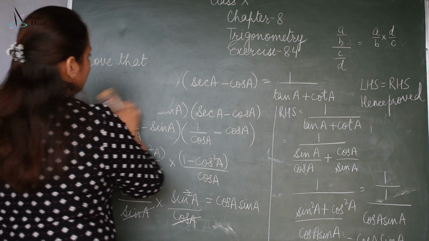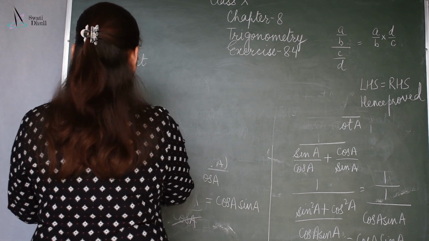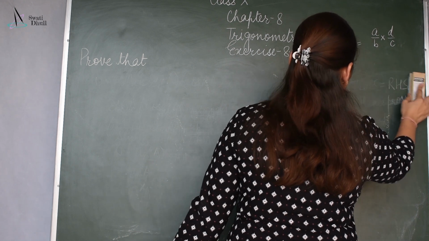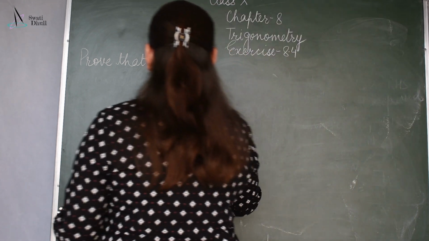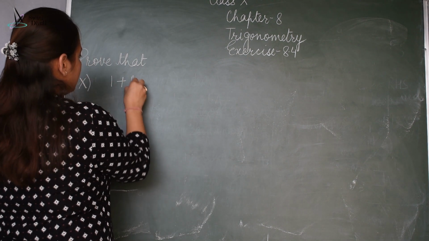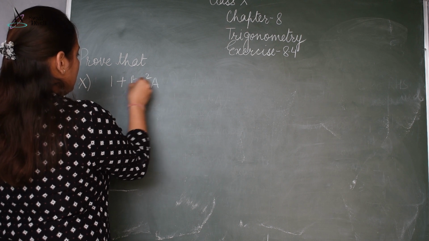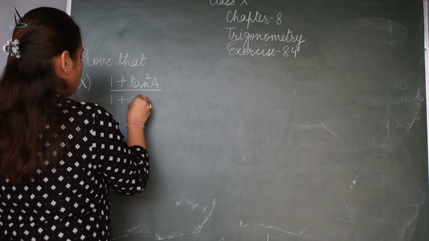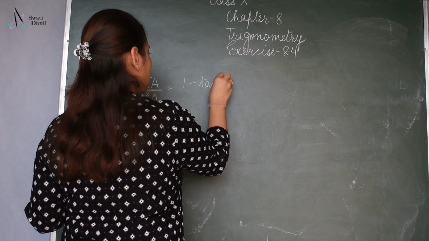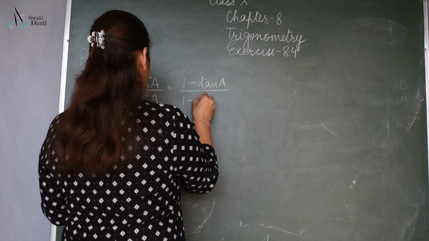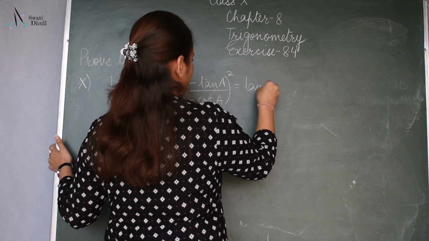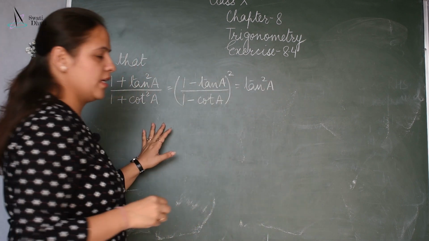Now the last part of this exercise, tenth part is (1 plus tan square A) divided by (1 plus cot square A) is equal to ((1 minus tan A) upon (1 minus cot A)) whole square is equal to tan square A. We need to prove this.